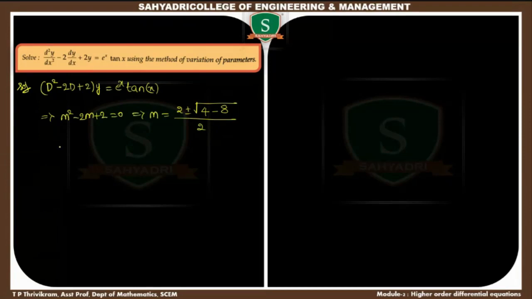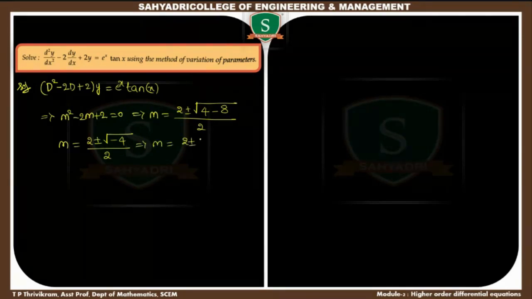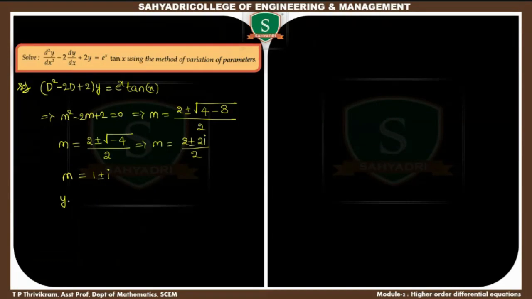So m is equal to 2 plus or minus root of minus 4 divided by 2. So implies m is equal to 2 plus or minus 2i divided by 2. If you take 2 common and cancel, 1 plus or minus i. Okay, so therefore y is equal to how much?